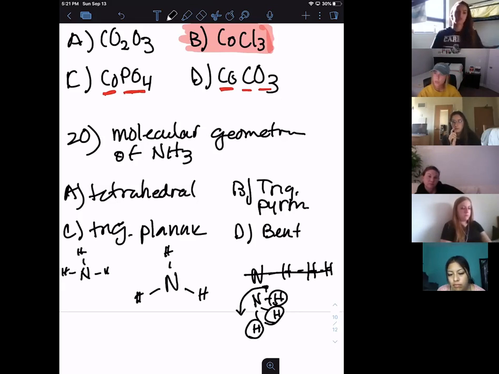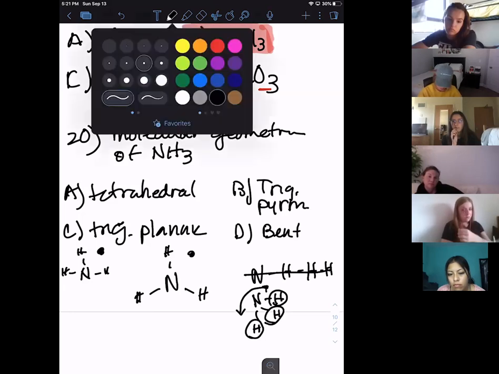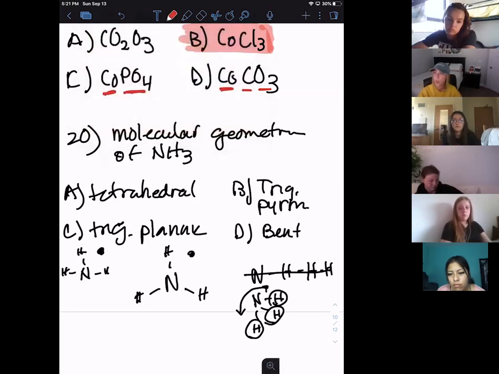Now, if I drew it this way versus this way, what do you notice? What's the difference between this one and this one? Which one's more even? Look at the distance here. That's 180 degrees. This is like 90 degrees. But this and this and this are all the same.